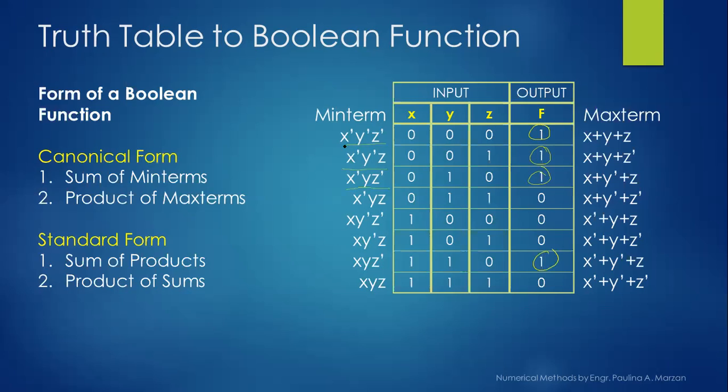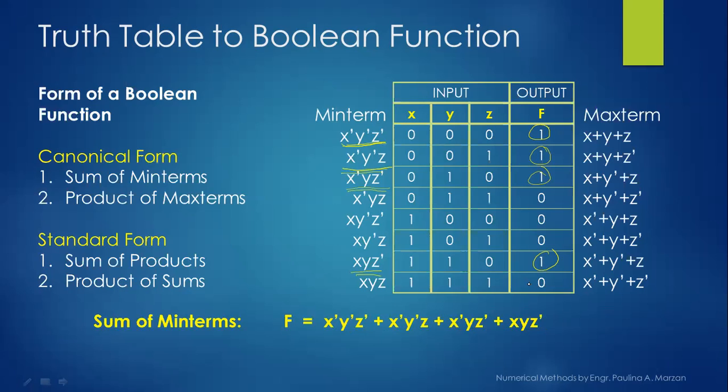So to get the function, take the summation of all of these minterms with an output of 1, and we will get f is equal to x prime, y prime, z prime, or x prime, y prime, z, or x prime, y, z prime, or x, y, z prime. So this is now then the Boolean function of the given truth table in sum of minterms.